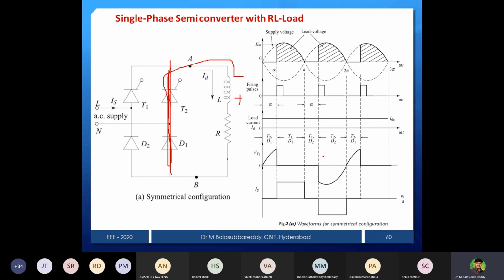Once this leg is short circuited, again the output voltage will be 0. So we are not getting any negative voltage like that. At every instant of time, one of the legs will act as a freewheeling diode, so you never get a negative voltage. That is the reason this semi converter will not give any negative voltage, and will give only first quadrant operation.